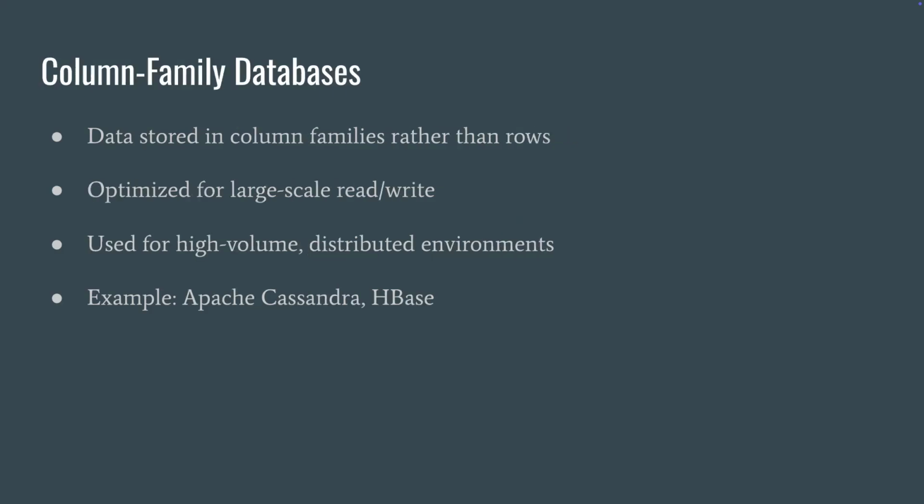Next, column family databases. Column family databases store data in a structure that groups related columns together rather than storing them in fixed rows. This means each row can contain a variable number of columns, which are grouped into column families.